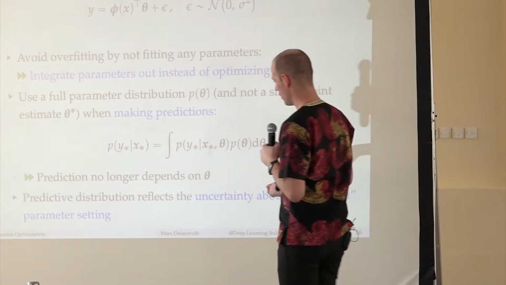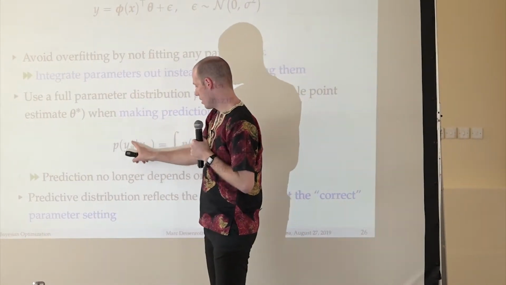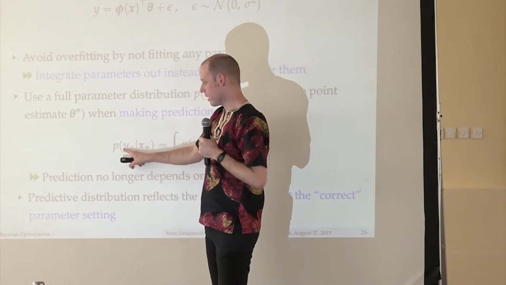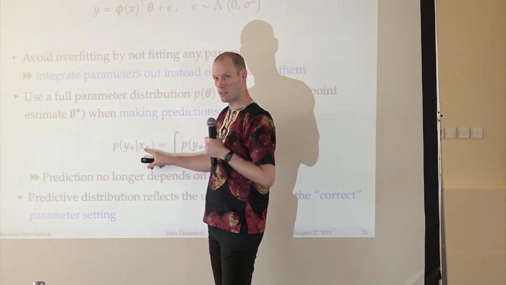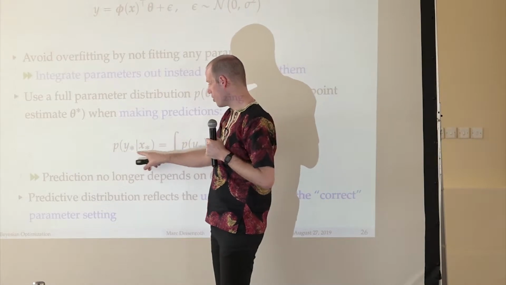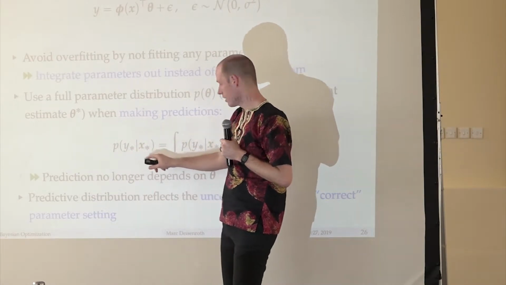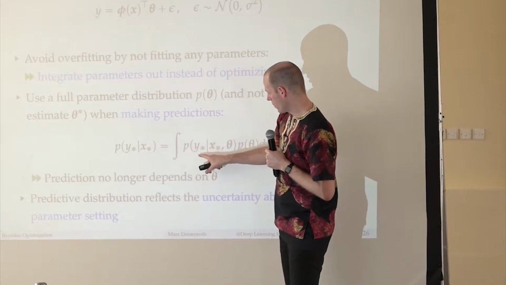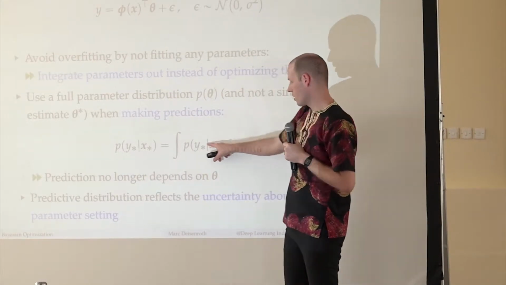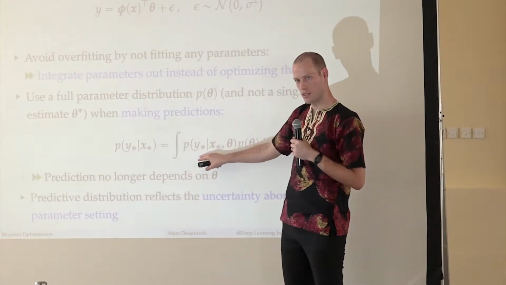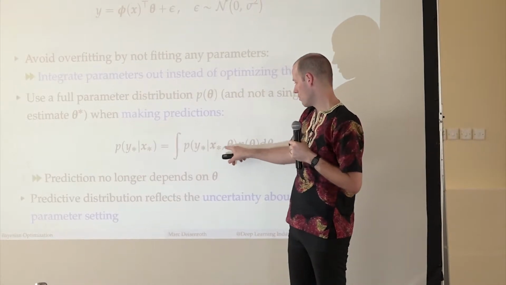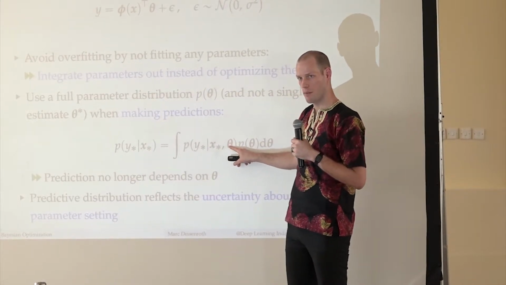So what we now want to compute is the distribution of our function values given an input value. And note there is no theta left anymore here. So how do we do this? Well, this is kind of like the likelihood, right? This is the predictive distribution if you just use one specific parameter.